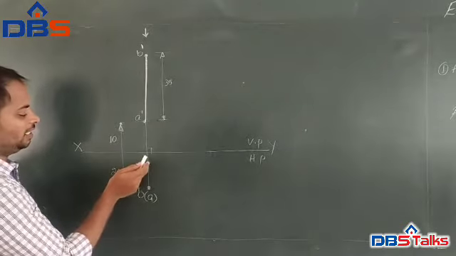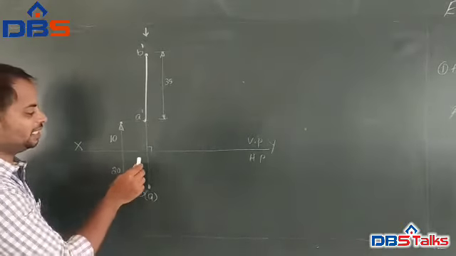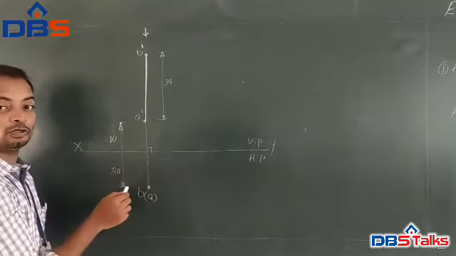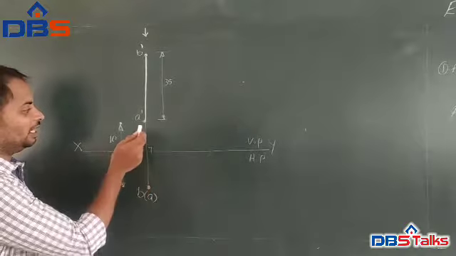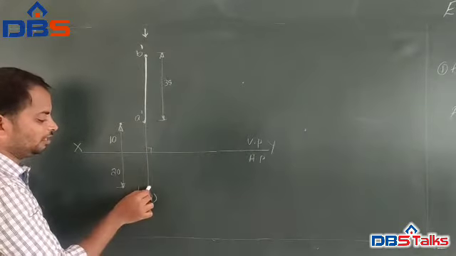That means the plane to which the line is parallel will show the straight line, and the plane to which it is perpendicular will show a point.